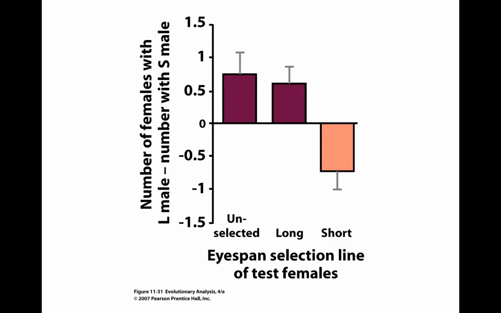And that indicates that the eye stalk is in part being used as an indication of good genes, and that there's an underlying predisposition in stalk-eyed flies for males with longer eye stalks. But when selection is artificially imposed for shorter ones, there's variation that would allow females, in those lineages, to select shorter and shorter ones.